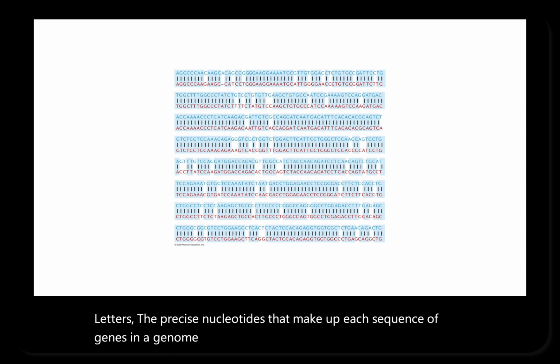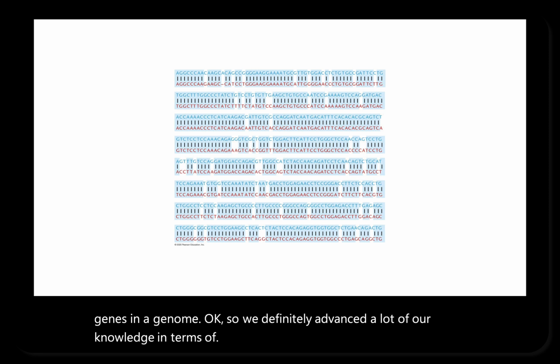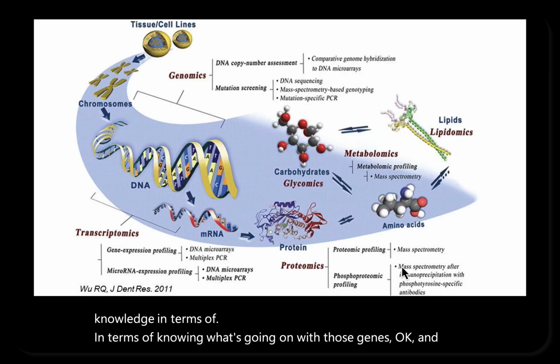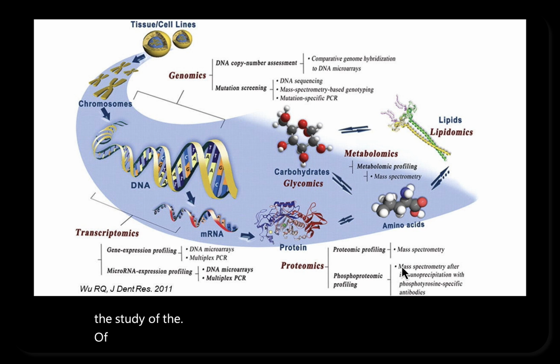Okay, so we definitely advanced a lot of our knowledge in terms of knowing what's going on with those genes. Okay, and because of that, we branched into many areas associated with the study of the genome in general. Okay, so first we have the genomics.